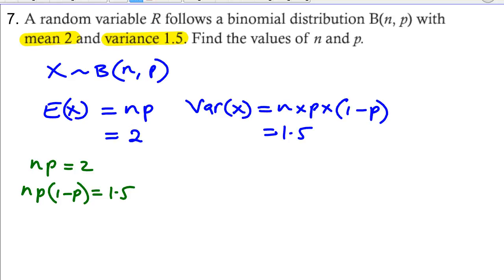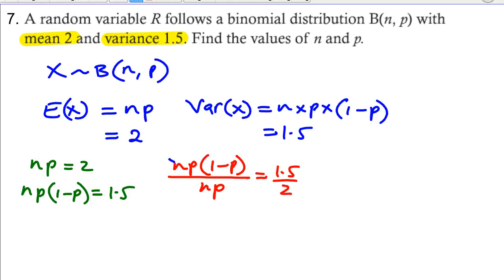So np multiplied by (1 minus p) divided by np will be equal to 1.5 divided by 2.